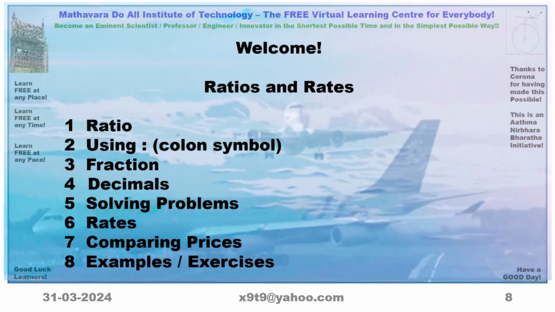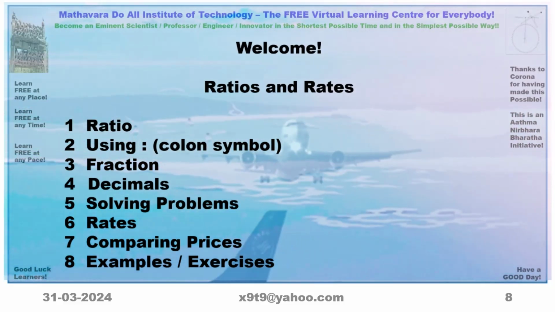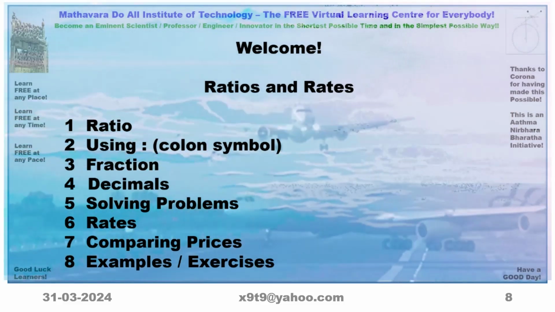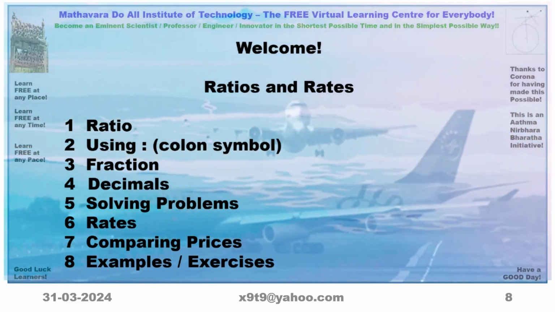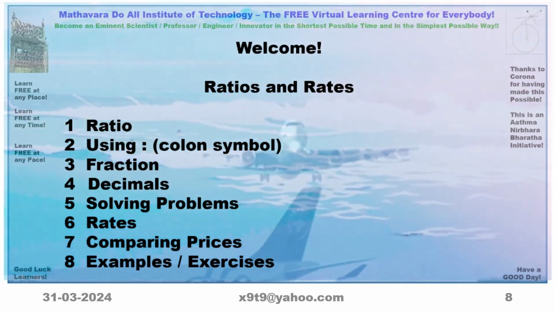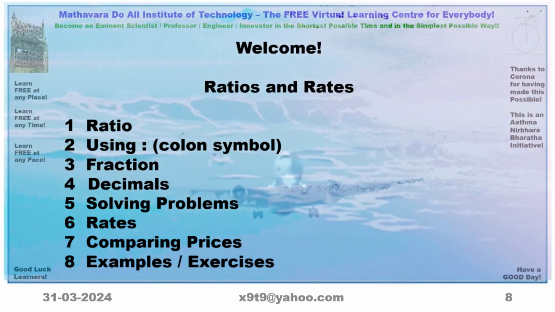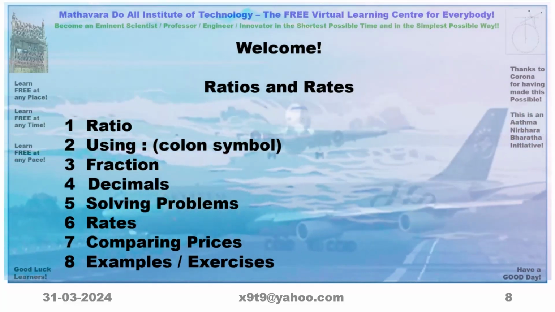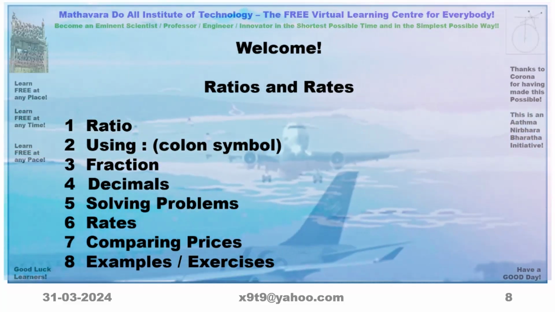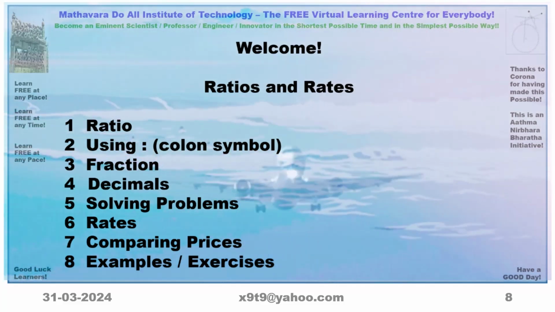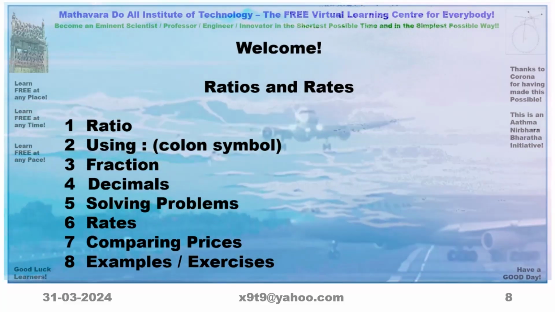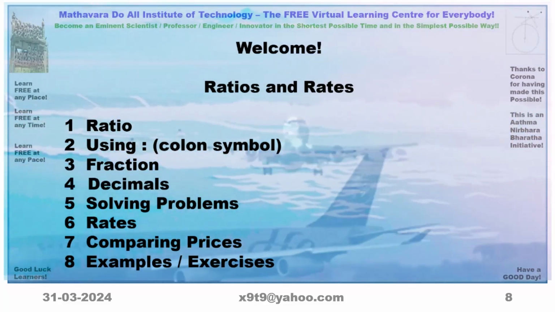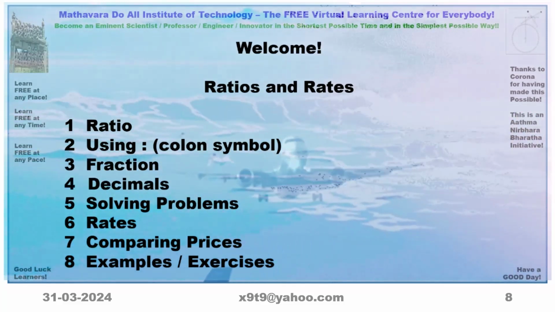So, ratios and rates. One method is to use a colon symbol between two quantities to indicate a ratio. Another is a fraction, which contains a numerator and a denominator. Another is decimal form, where a number has a point and something else, like 2.17, 3.14.